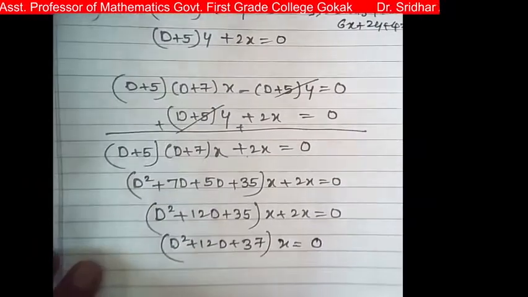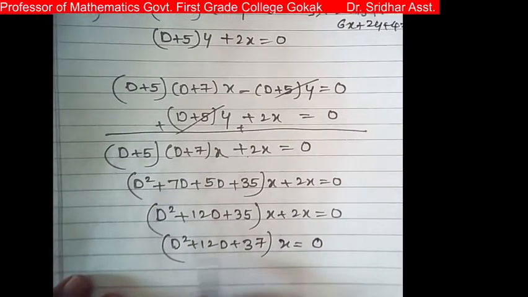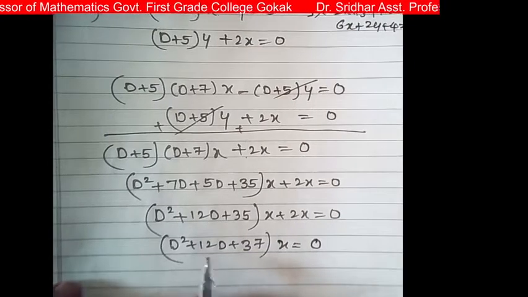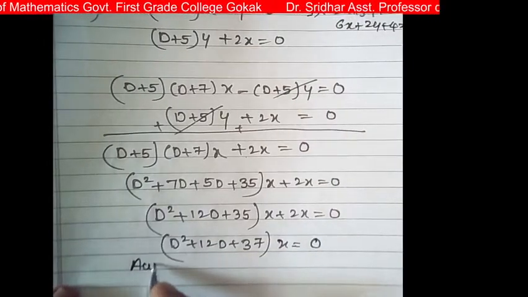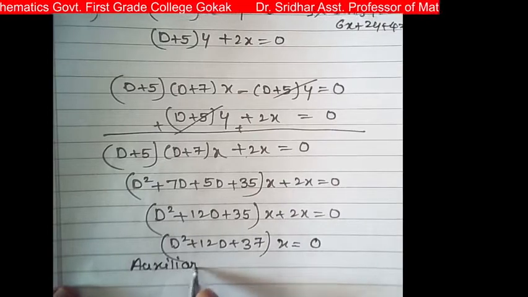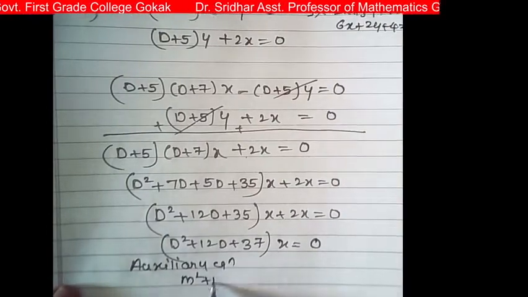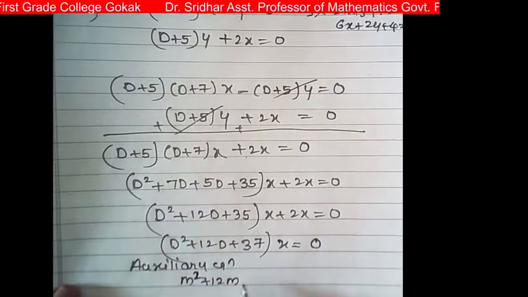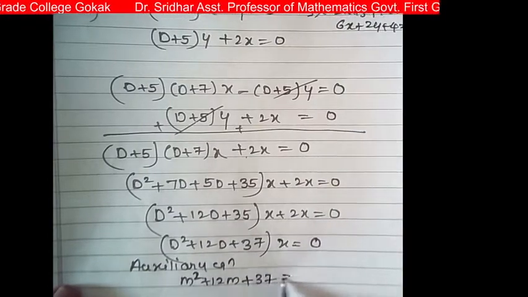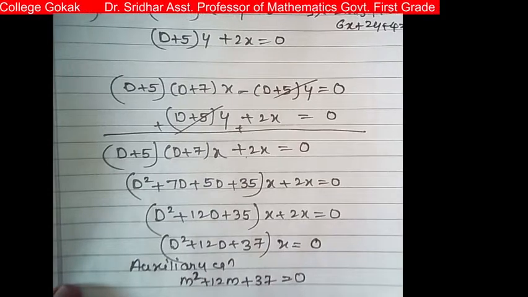Now this is a simple ordinary differential equation. We find the auxiliary equation, which is m squared plus 12m plus 37 equal to 0.